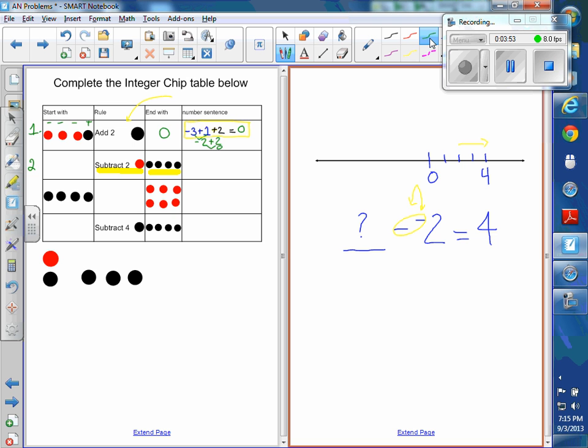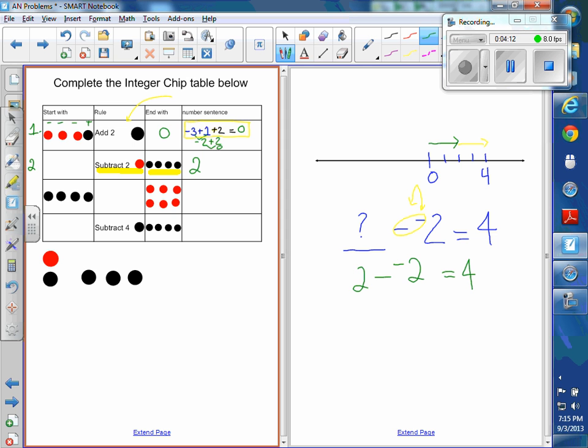Hopefully you remember that you always start at 0, and we would have to get to the beginning of that yellow arrow. So the question mark should be 2, take away 2 negatives should be equal to 4. So the number sentence is 2, take away 2 negatives equal to 4.